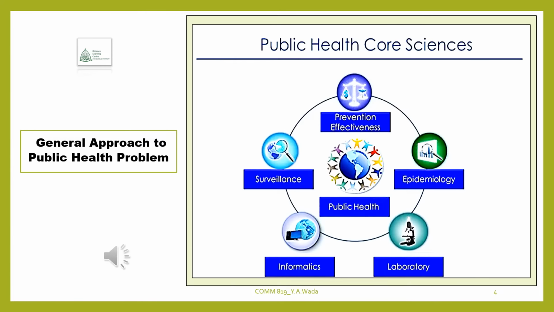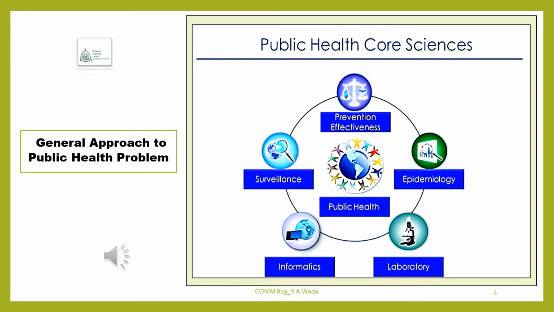Then we have the science of prevention effectiveness, which is closely linked to public health policy. Prevention effectiveness studies provide important economic information to decision makers and allow them to choose the best option among possible alternatives.